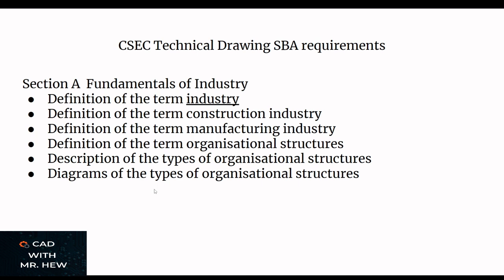Having described the term organizational structure, the candidate will explain the different types of organizational structures. In business, there are three main types of organizational structures, and it is the same requirement that is needed in the technical drawing SBA.